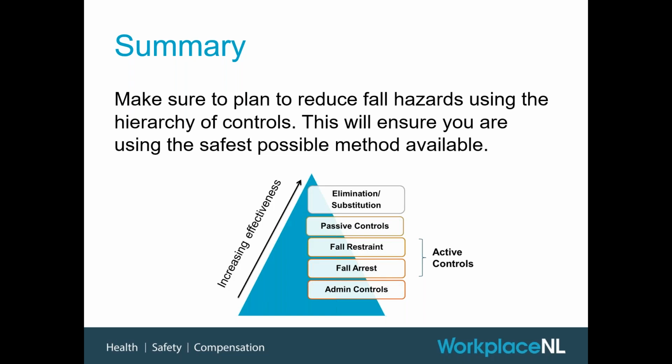But tying off at 10 feet, so we're assuming you're using an arrest type system, is not always practical in its own right, because you need that space, that clearance between the worker where they're working and the ground in order to make sure that system is effective.